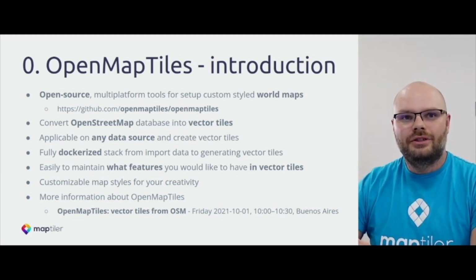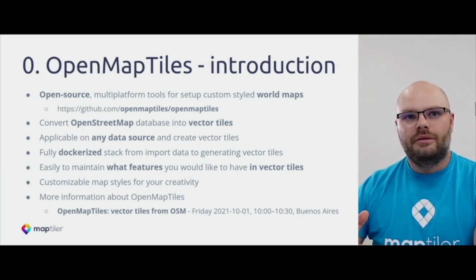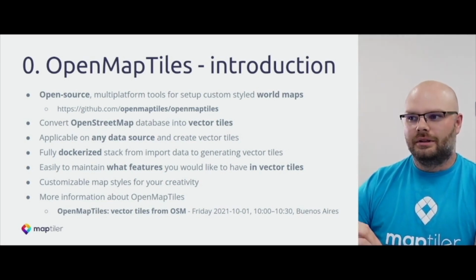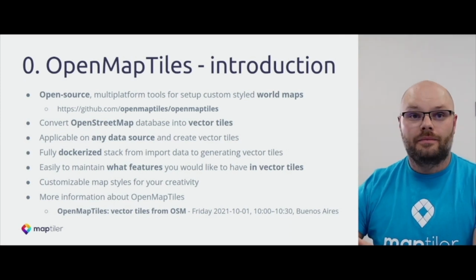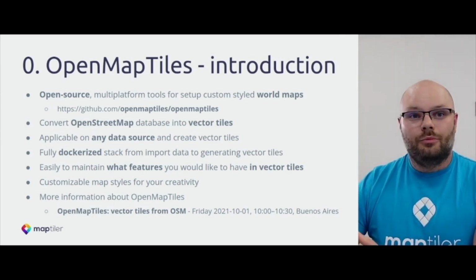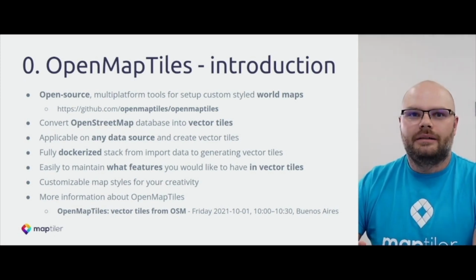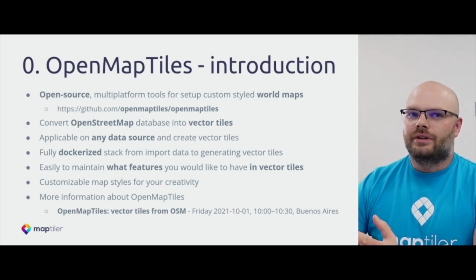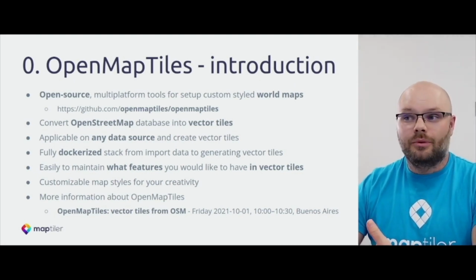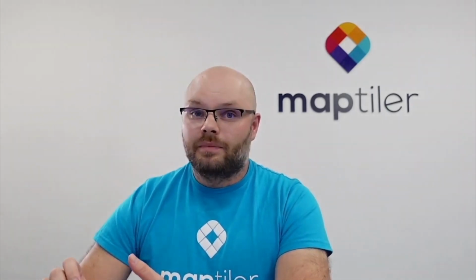The schema defines which data will be shown in a particular zoom and in a particular way. And the second project is OpenMapTiles tools, which contains all the tools necessary to import OSM or any other data into PostgreSQL, and even generate the tiles itself.